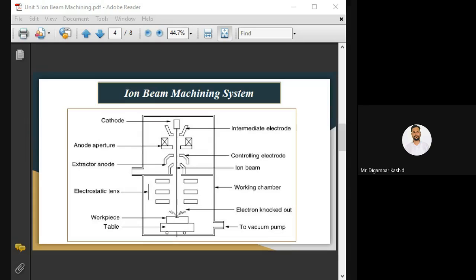The beam removes atoms from the workpiece by transferring energy and momentum to the atoms on the surface of the workpiece.